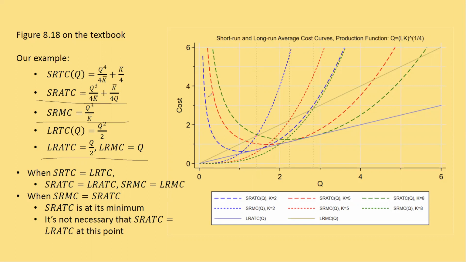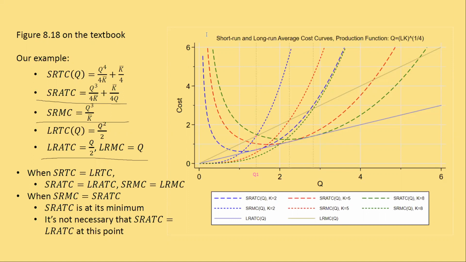So at this value of Q, let's call this Q1, our short run ATC intersects our long run ATC, and this is also the point that our short run MC intersects our long run MC. We can see that on the graph, right?